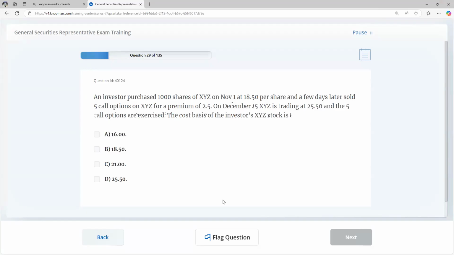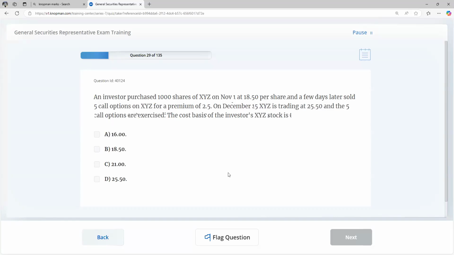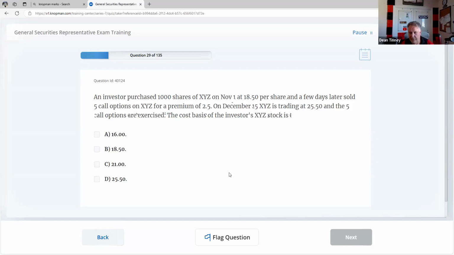Sold five call options with a premium. 18.50. I want to go with like 16. Well, this is a real tough one. Hold on. Covered calls: your cost basis is what you paid for the stock. And then the sales proceeds would be the premium, 2.5, plus the strike price.